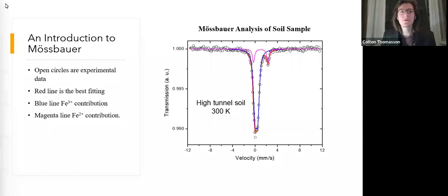Okay, so the majority of our analysis comes from a process called Mossbauer spectroscopy. As you can see on the graph on the right, we have open circles that represent the experimental data points. We also have a red line that's the line of best fit, which helps us see different deviations. You can also see a blue line that shows the Fe3 contribution to the sample and a magenta line that shows the Fe2 contribution.